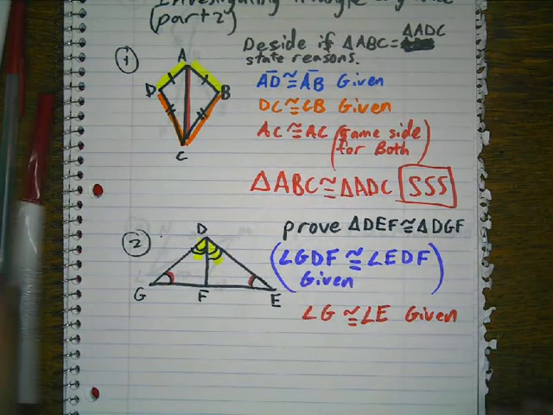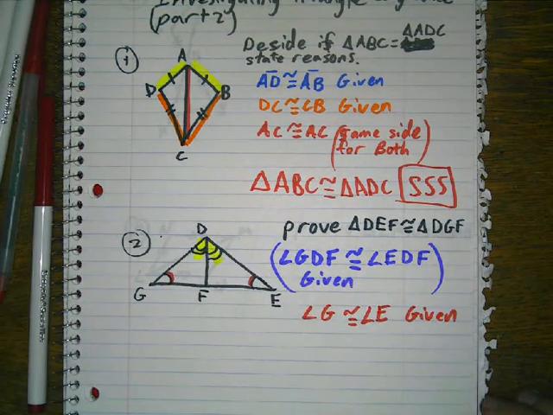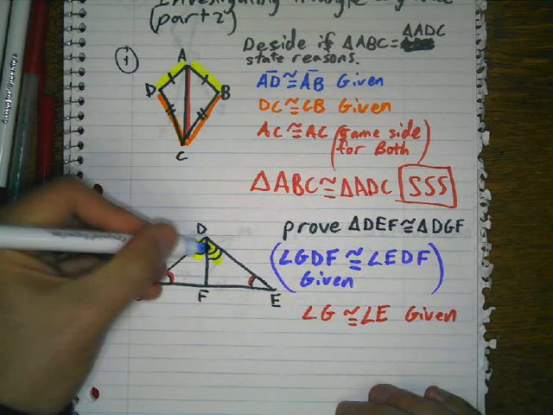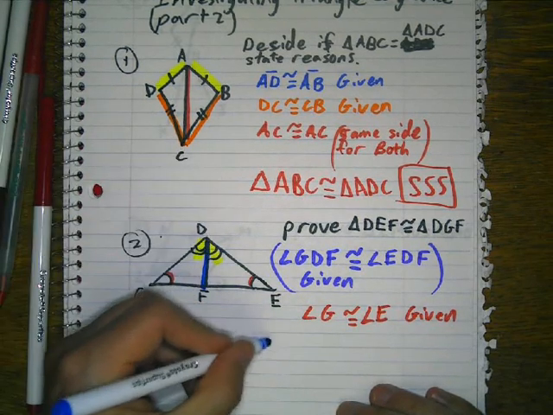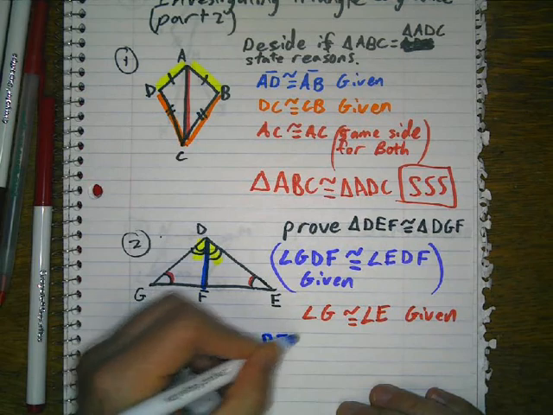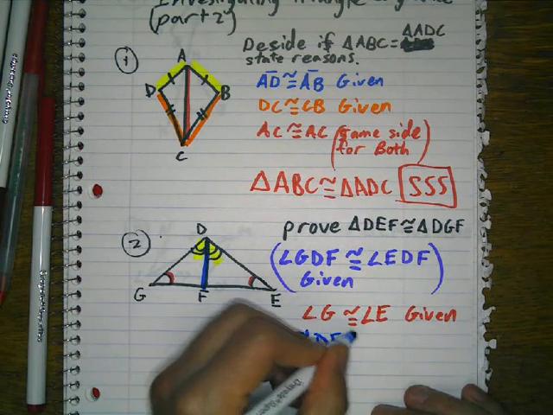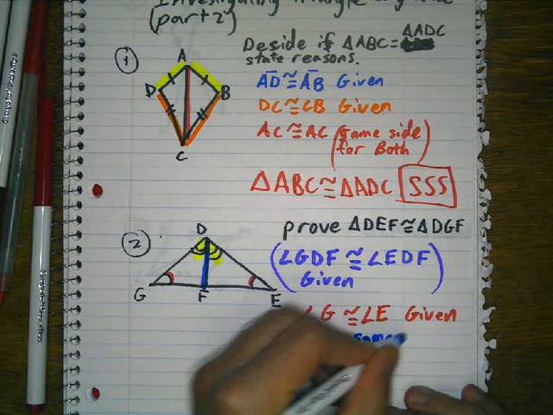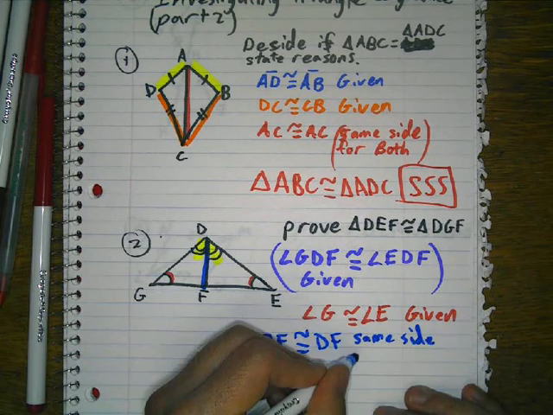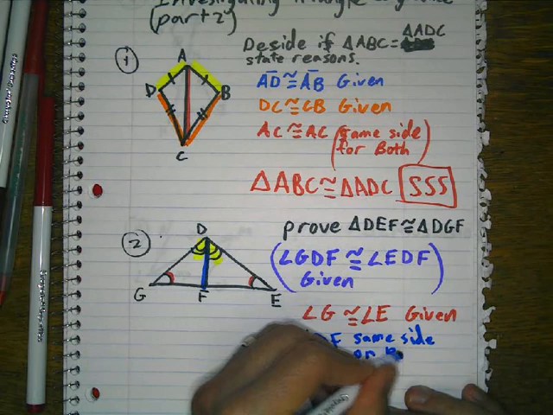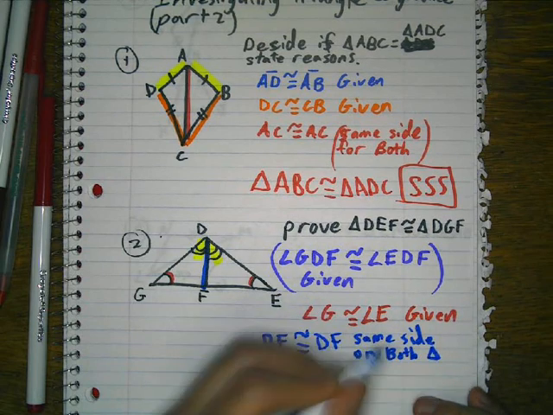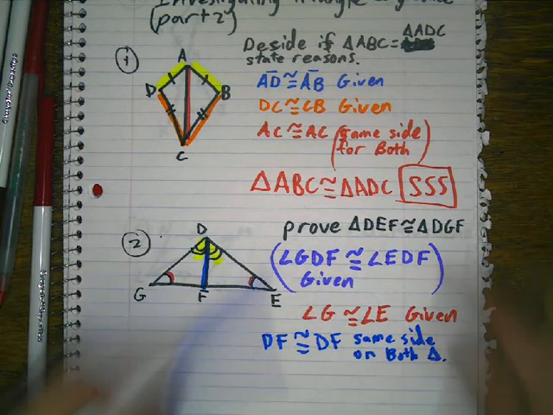And then the third thing we can say is that, once again, they share the side. So DF is congruent to DF, and it's the same side on both triangles. And so now the 3 things is all I needed.